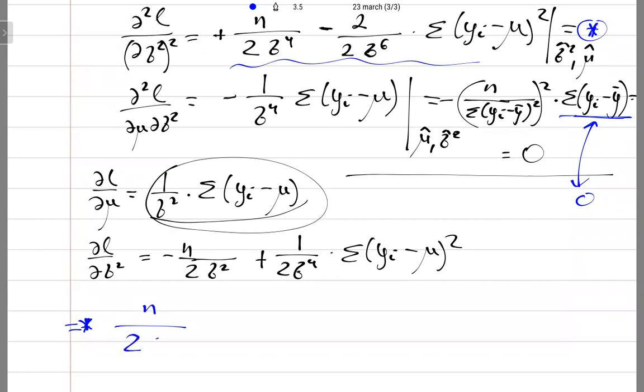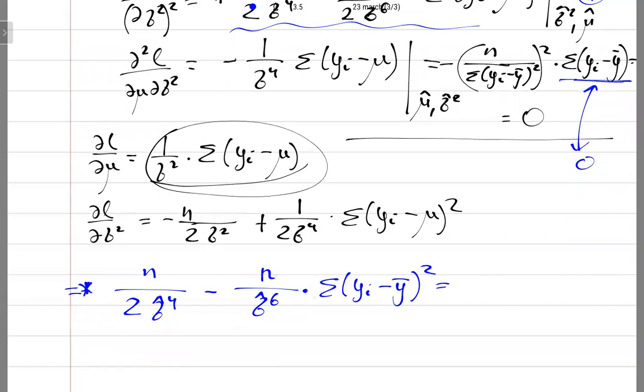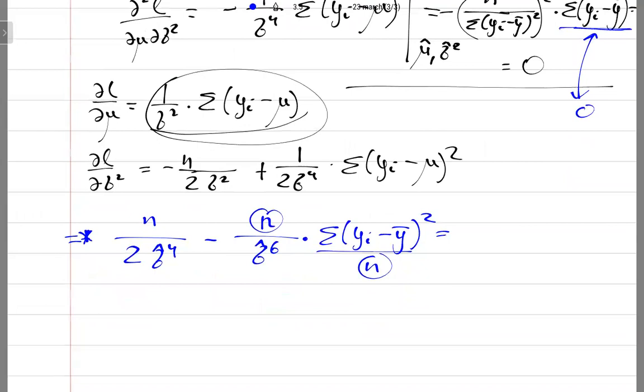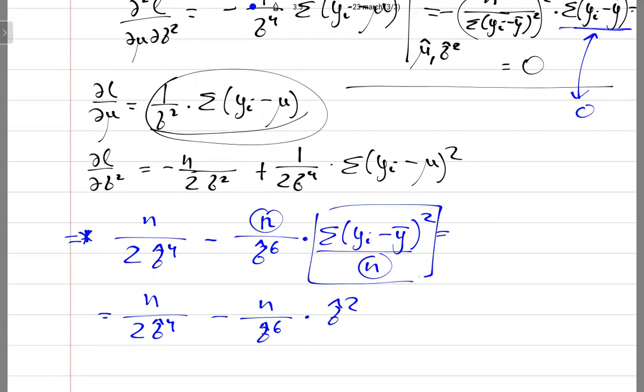n over 2 sigma hat to the power 4 minus 1 over sigma hat to the power 6 times the sum of y minus y bar squared. Okay, I will multiply by n twice and multiply and divide by n. And I see that I have n over 2 sigma 4 minus n over sigma hat to the power 6 times sigma squared, because that is just sigma squared.